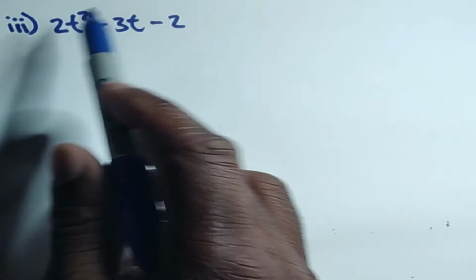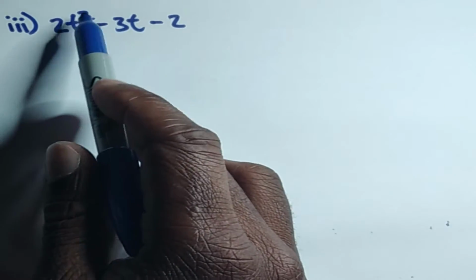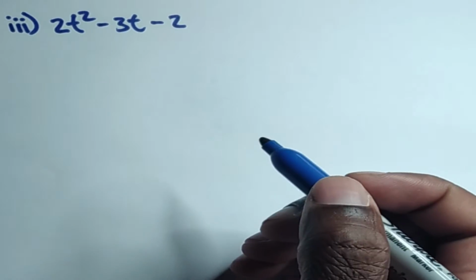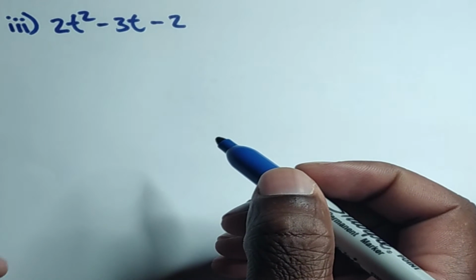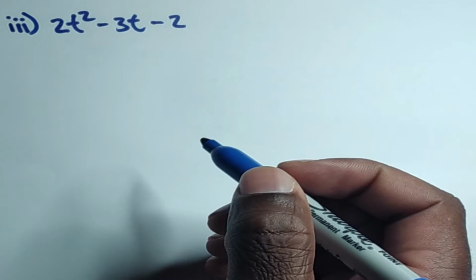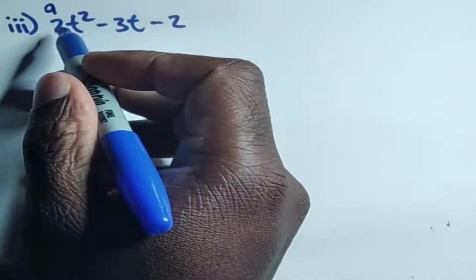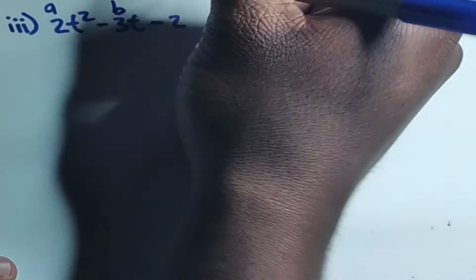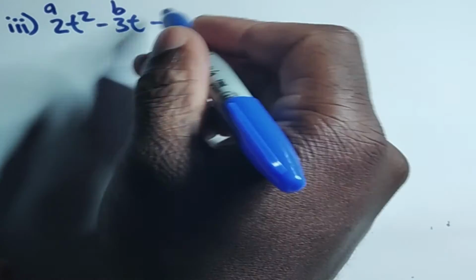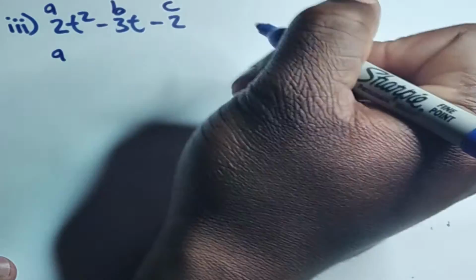Alright, so let's look at part 3 of the question. So here we have 2t squared minus 3t minus 2. Alright, so again, we want to factorize this, and it's quite easy. So we can use the same AC method to do this. So again, our a would be the coefficient of the squared term. Our b would be the coefficient of the t term, and our c would actually be the constant out here, which is negative 2.